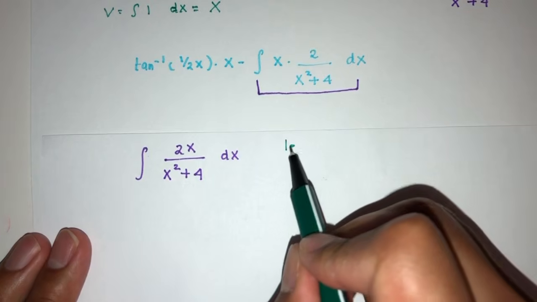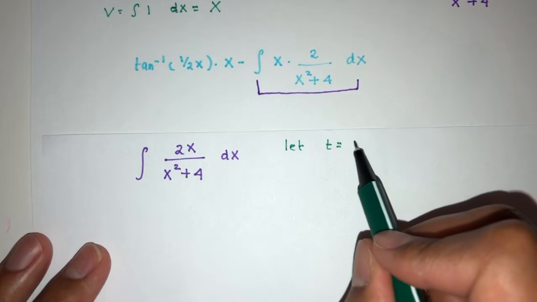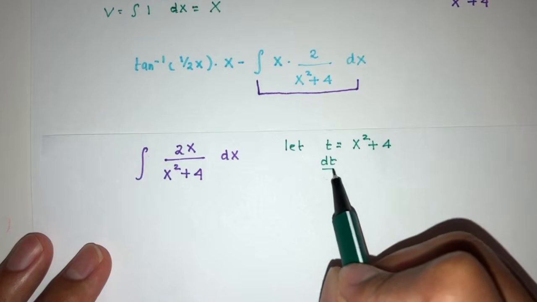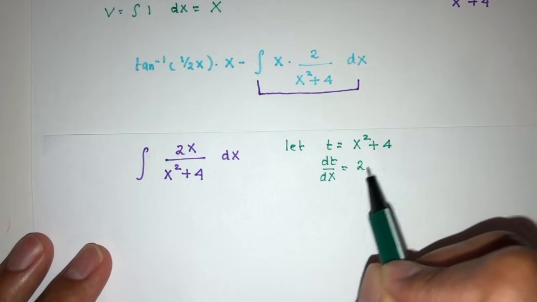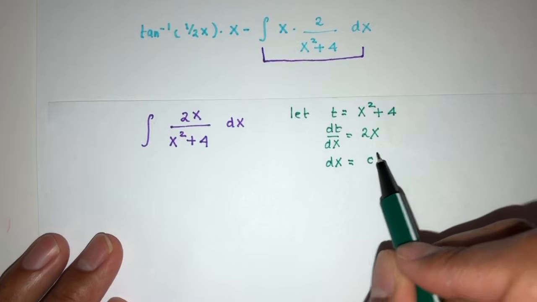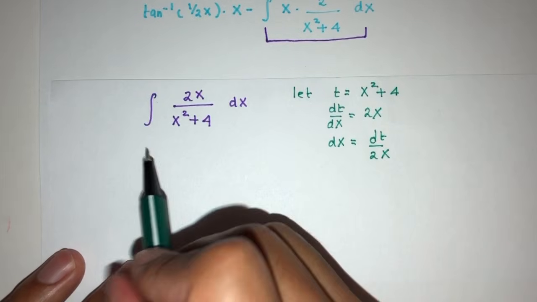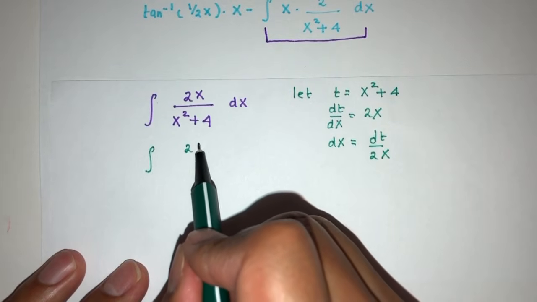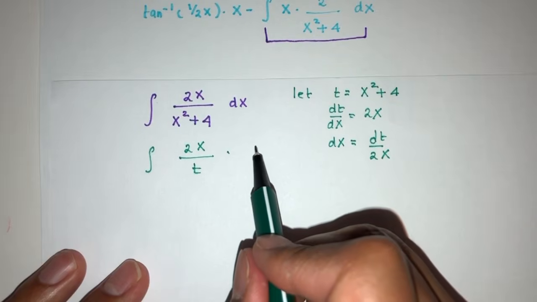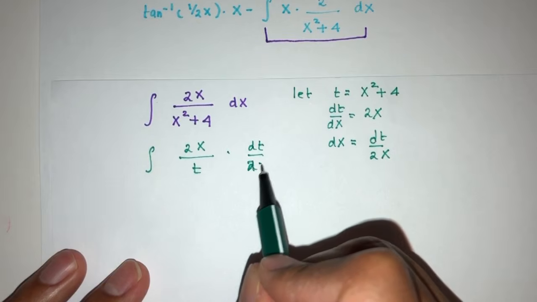So first, let t be the base, x squared plus 4. So dt by dx will be 2x. Now from this, dx will be dt over 2x. Now replace back in the main equation. On top you have 2x, the base is now t, and dx is dt by 2x.